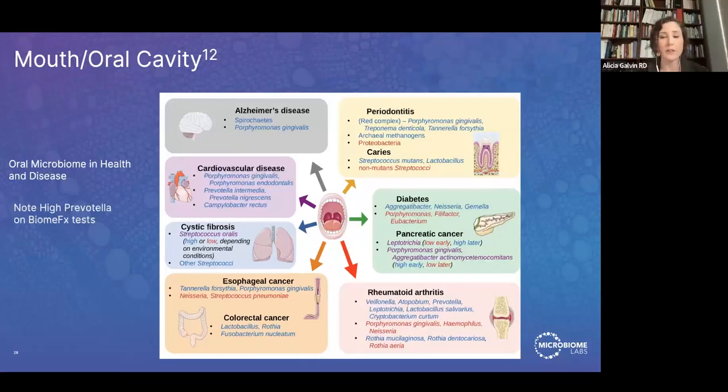If someone is really heavily favoring Prevotella, be thinking about their oral microbiome, their mouth-gut axis. There are also many other species that, if they're showing up in the stool, are probably translocating from the oral cavity and getting down into the gut. That's not a good thing. That means there's some breakdown of barriers and potentially some dysbiosis, and you want to be thinking about that.